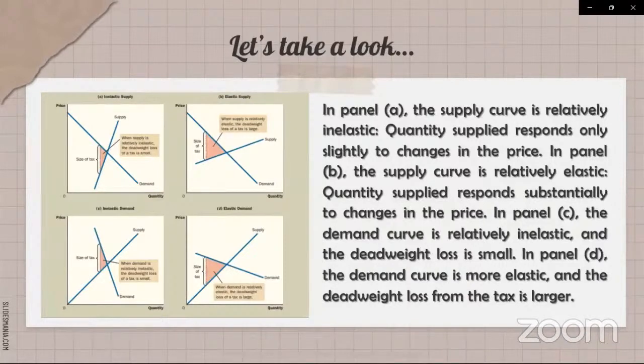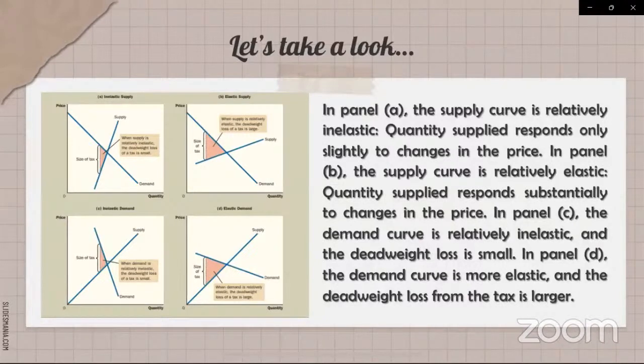Here the demand curve and the size of the tax are held constant. In panel C, the demand curve is relatively inelastic and the deadweight loss is small. In panel D, the demand curve is more elastic and the deadweight loss from the tax is larger.